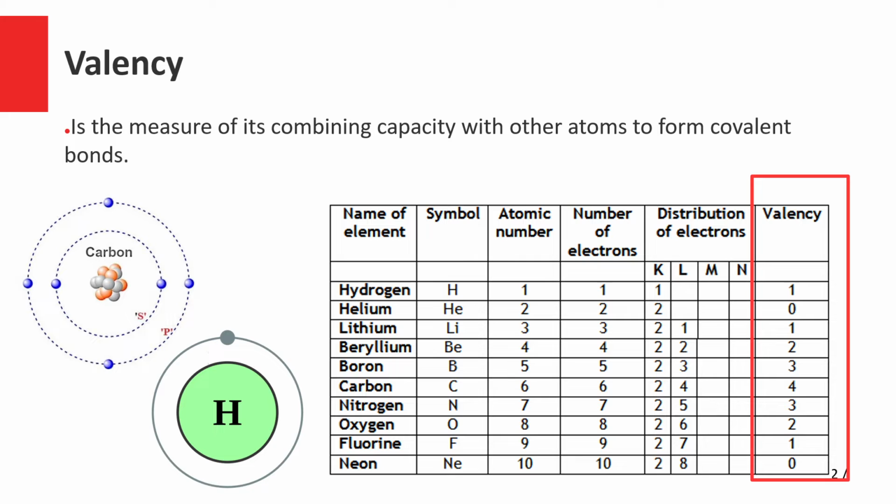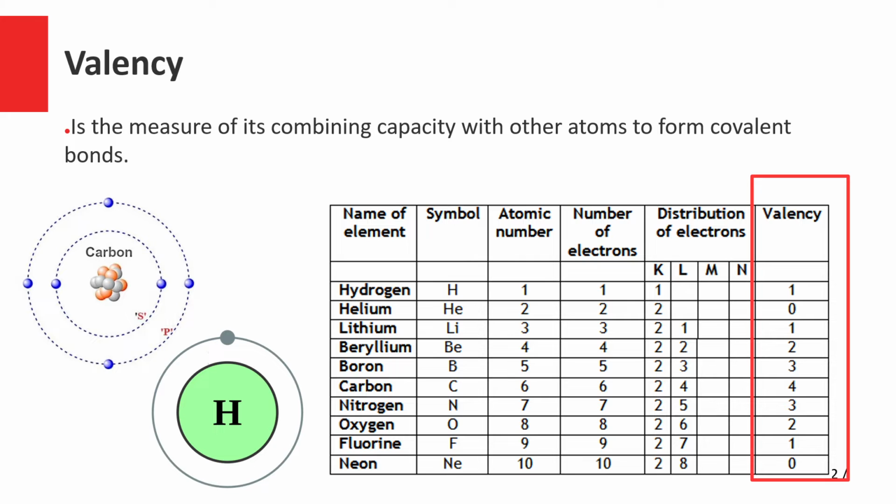So what does that actually mean in practical terms when it comes to biomolecules and biology? Well, the valency of an atom is the number of covalent bonds that atom can form.